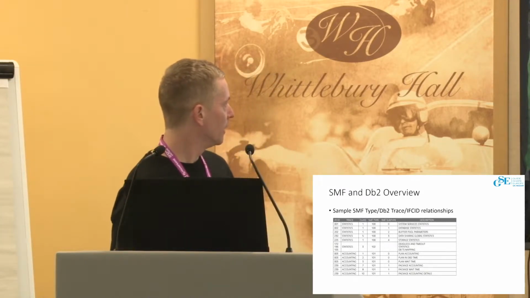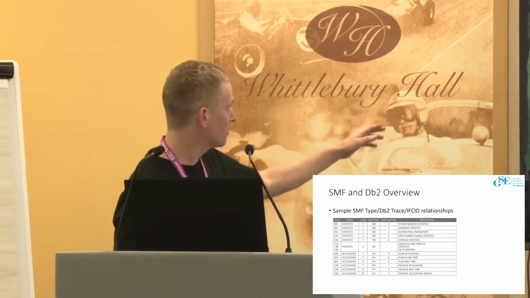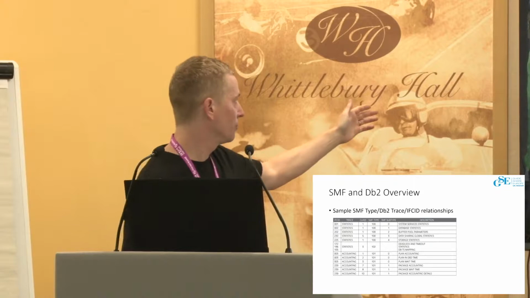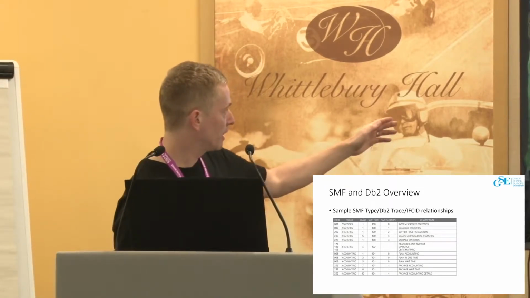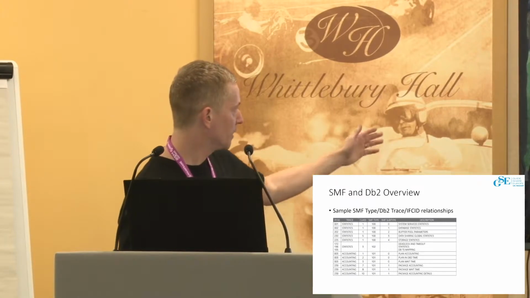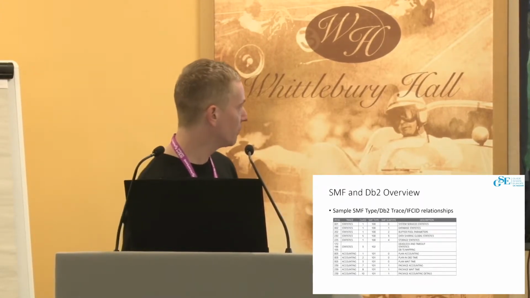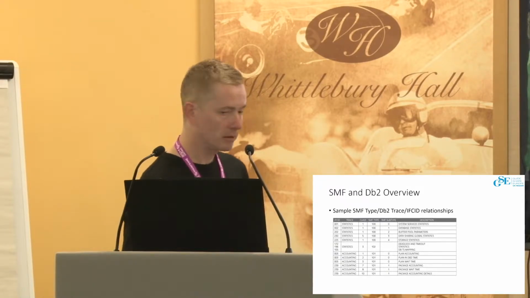The SMF 100 types for statistics are made up of IFCIDs 1, 2, 202, 230, 225, for example. Accounting, SMF type 101, has the main IFCID number 3 for accounting, and there are also many other IFCIDs that are part of that.